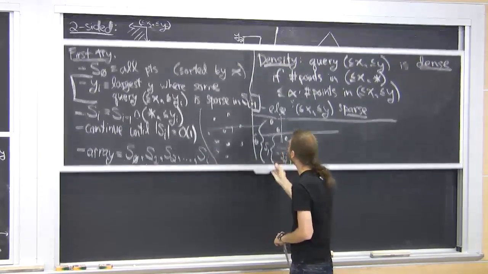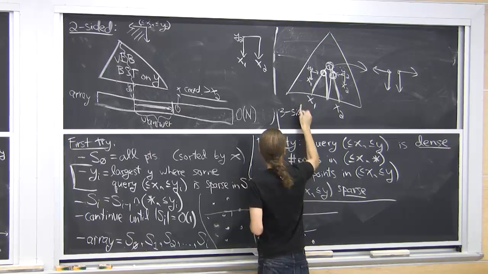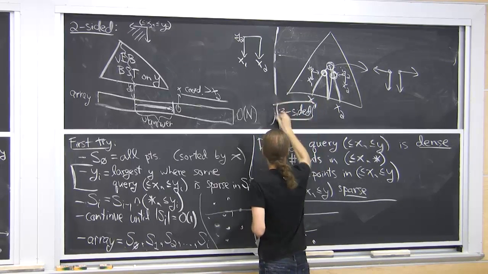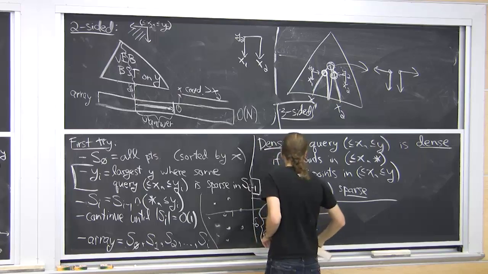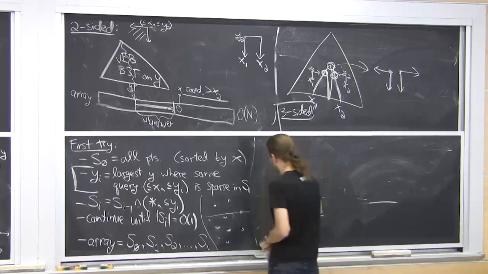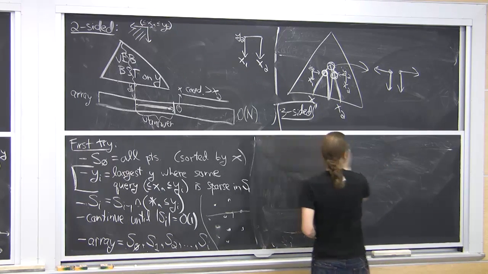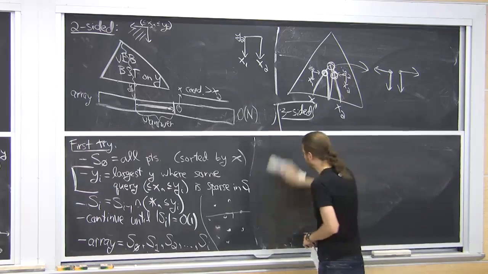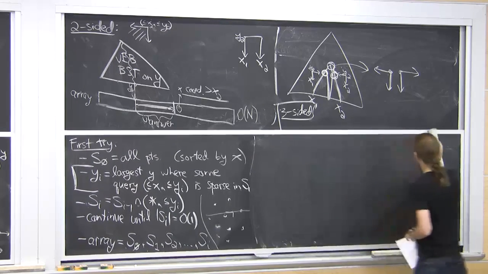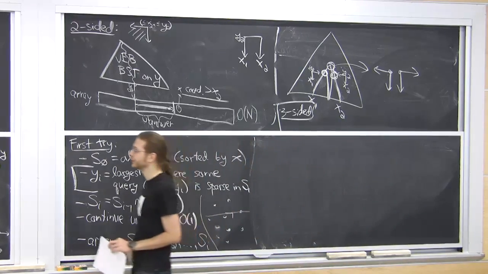One more. That was three-sided. Next is four-sided. Four-sided, of course, we could do exactly the same thing, lose another log factor in space, maintain log base B of n plus output over B query time.